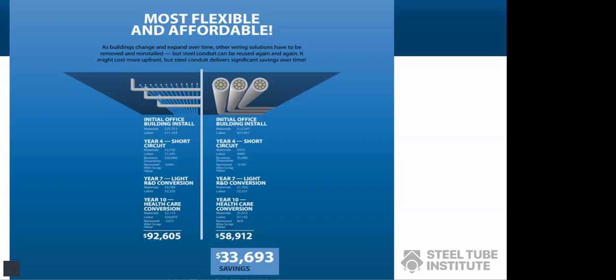And when that happens with conduit, you don't have to take down all of the drywall, all of the finishings. You don't have to dig into the structure of the building that you would with MC cable, which is an installed in place product. And what you install is what will always be there. All of that has to be torn out. So a short circuit in year 4 makes a big financial impact.